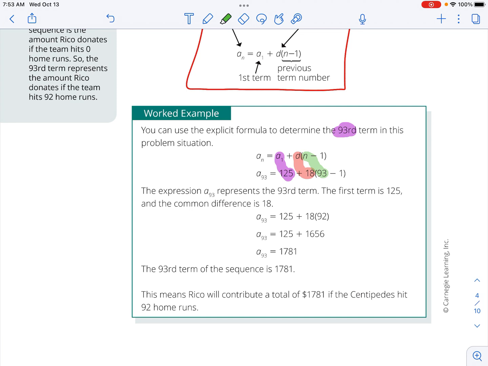After that, it's just merely going to our calculator and punching this into, say, Desmos, or just your calculator. 125 plus 18 times 92. 18 times 92 is 1,656 plus 125. Okay, he would donate $1,781 on a 93rd term, which technically means they've hit 92 home runs. And the reason why that term is one above the home runs is because he's going to donate $125 no matter what.